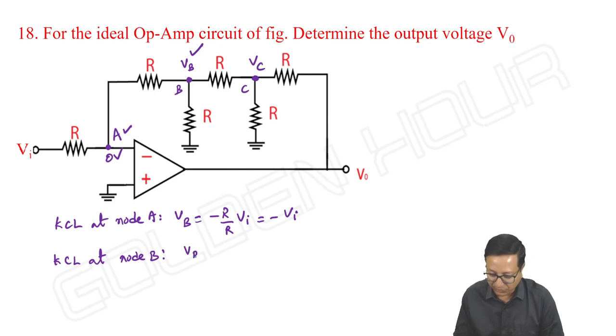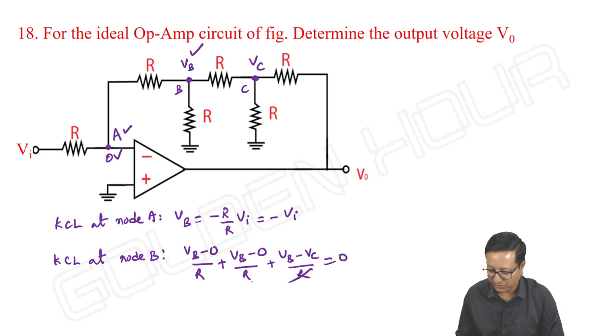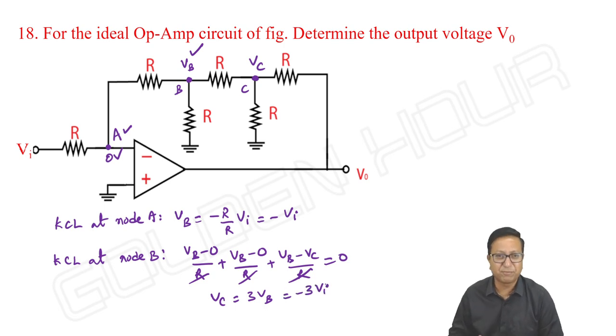Anyway, it is VB minus 0 by R plus VB minus 0 by R plus VB minus VC by R is equal to 0. R cancel. VC is equal to 3 VB, which is equal to minus 3 into Vi. Absolutely. Okay, so previous case output, right? VC is just nothing but the output of the previous case.